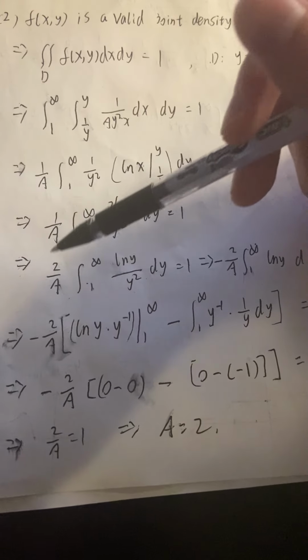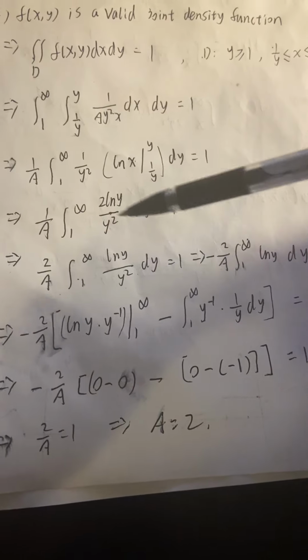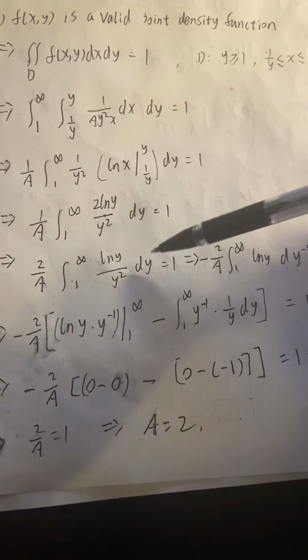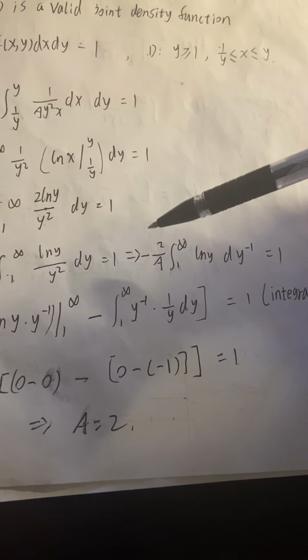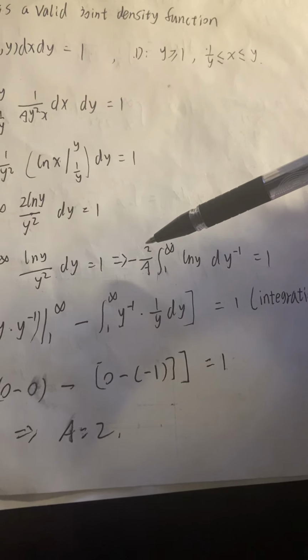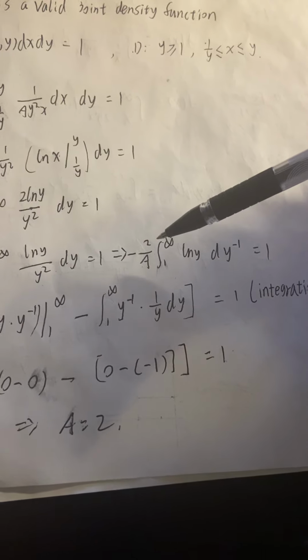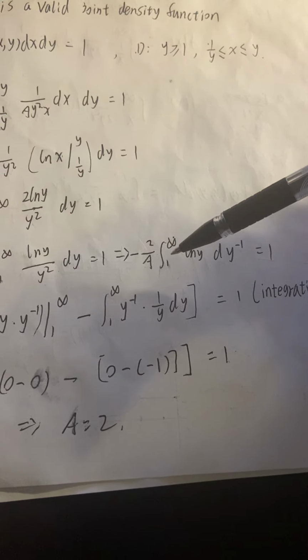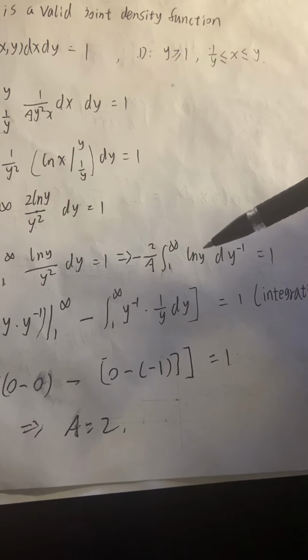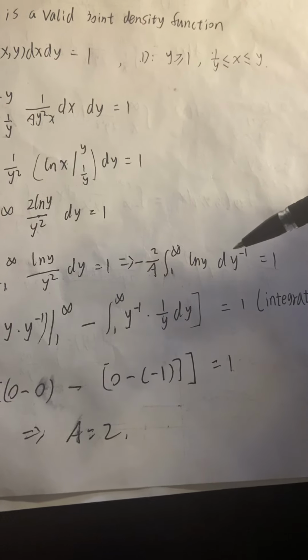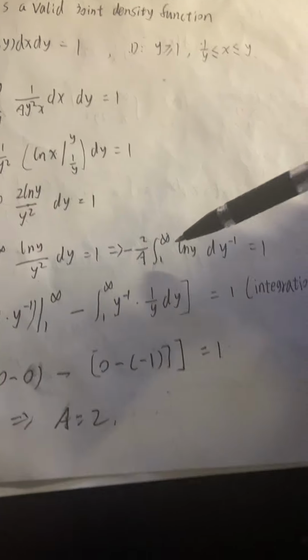And then we can move 2 here, and we move y squared here. So it will become negative 2 divided by a times the integral from 1 to infinity of ln of y d y to the power of negative 1.